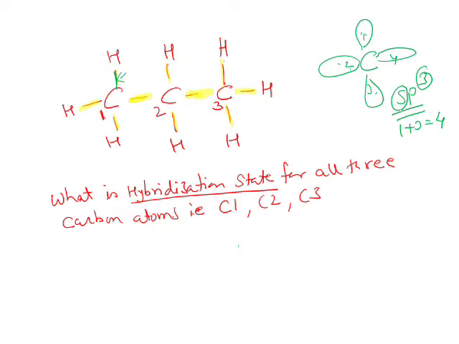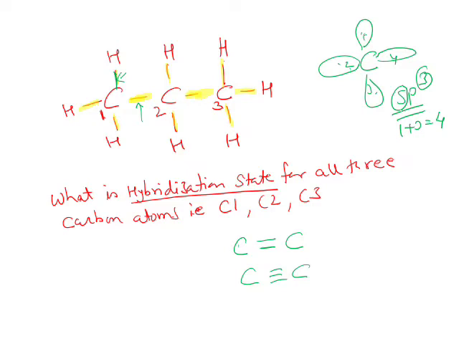Okay, so we already talked about hybridization. Let me give you one more example. Is it possible for carbon to make a double bond between carbons? Right now we have just a single bond, but is it possible for carbon to make a 2 bond or 3 bond between carbons?